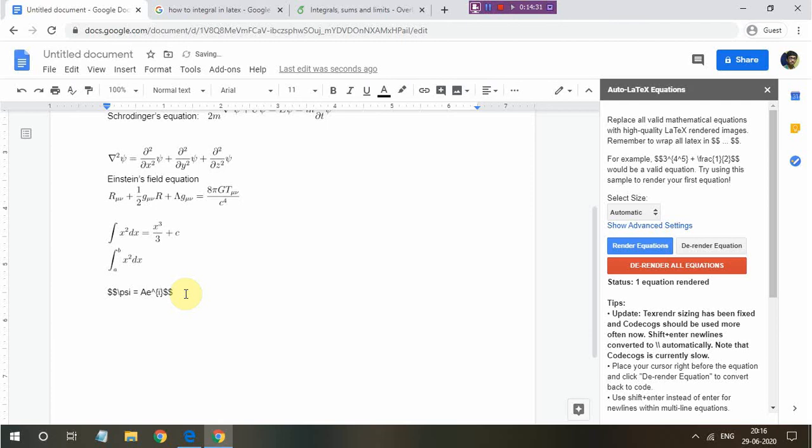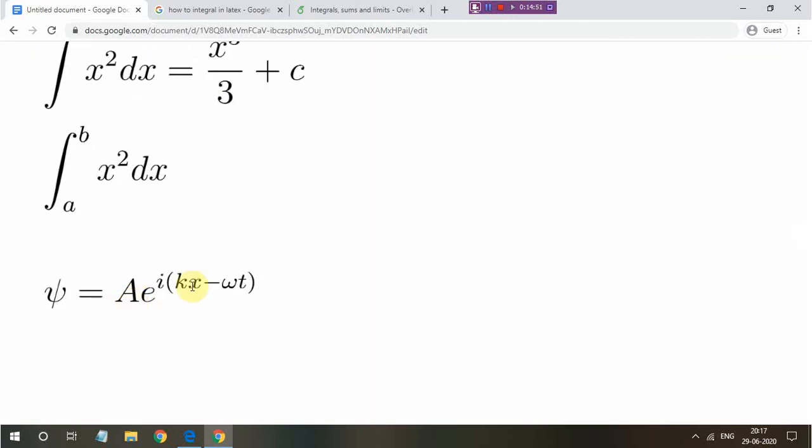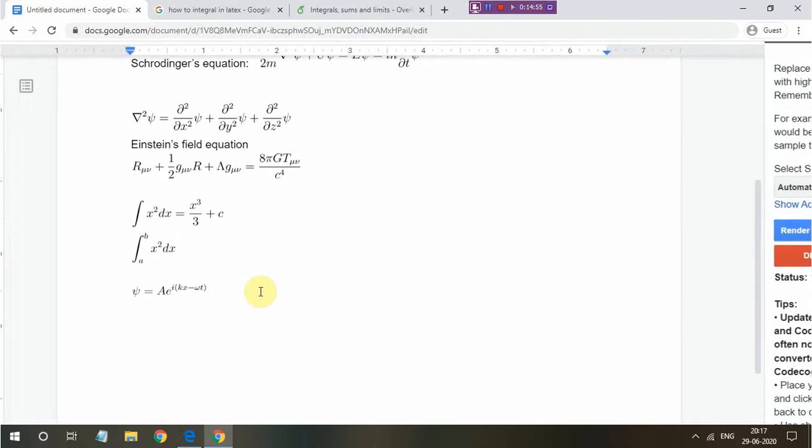By the way, if you're typing this first bracket, then it will appear in the equation too, right? It's not a part of the code. So kx minus omega, which is a Greek symbol, so backslash omega space t. Let's see. A e to the i kx minus omega t, and this is not w, of course, this is omega. Most of you know that.